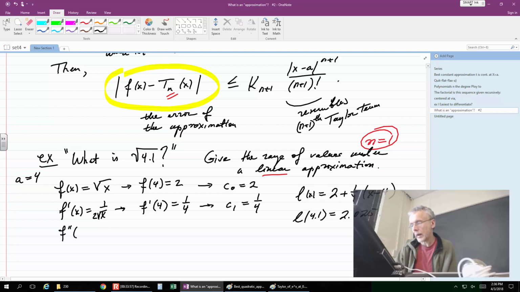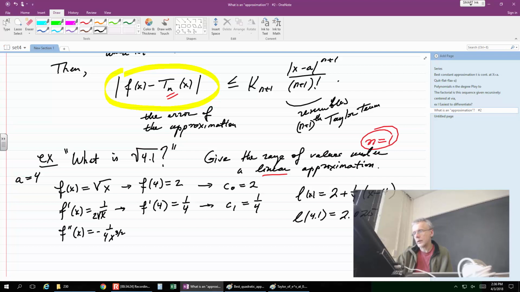f double prime of x is negative 1/4 x to the power negative 3/2.